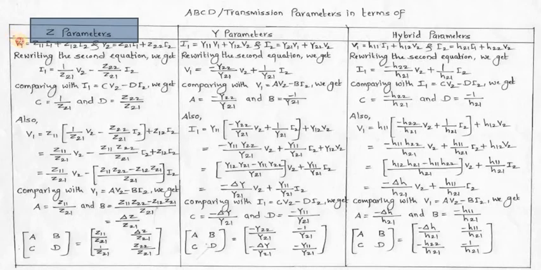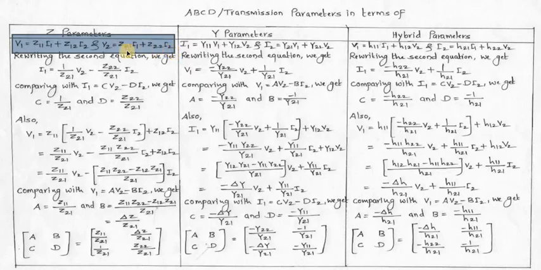So look at this. You can firstly start by writing the expressions wherein Z parameters are defined. The expressions are V1 is equal to Z11 I1 plus Z12 I2 and V2 is equal to Z21 I1 plus Z22 I2.